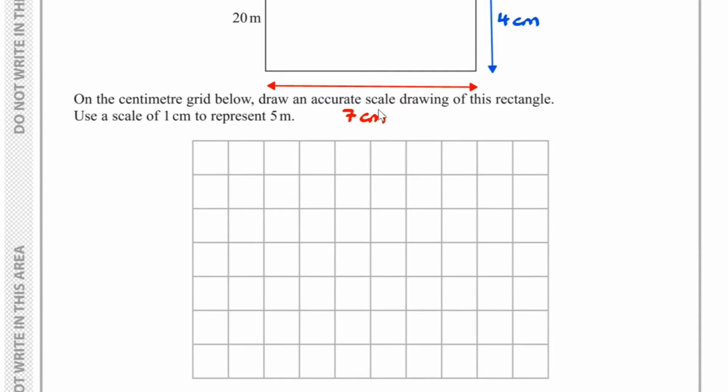So when we come to show the rectangle, we have 7 by 4. Here is our completed rectangle.